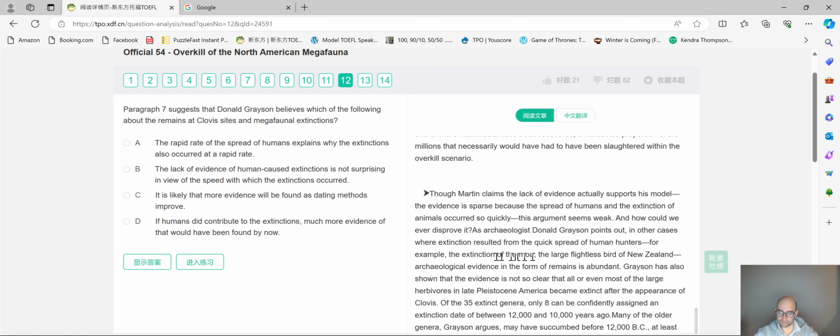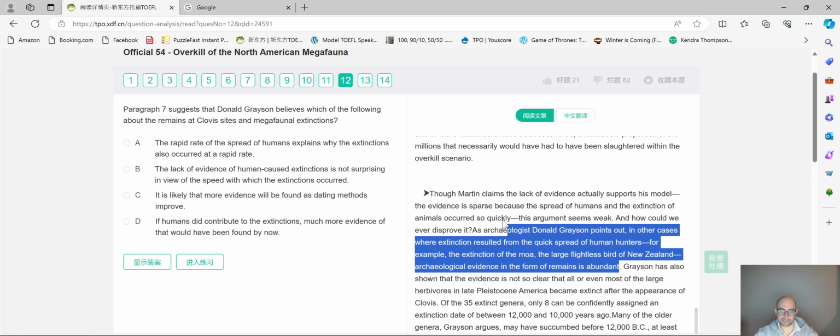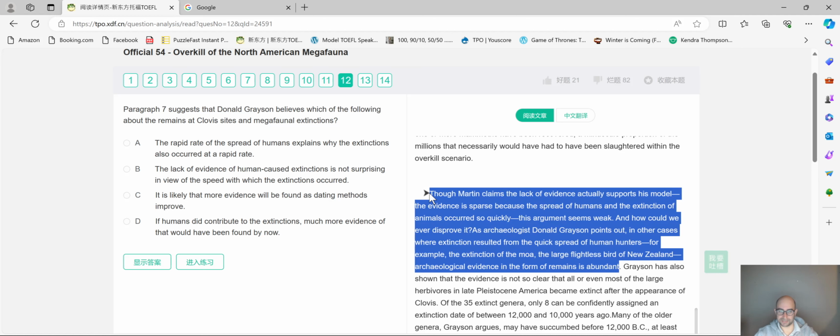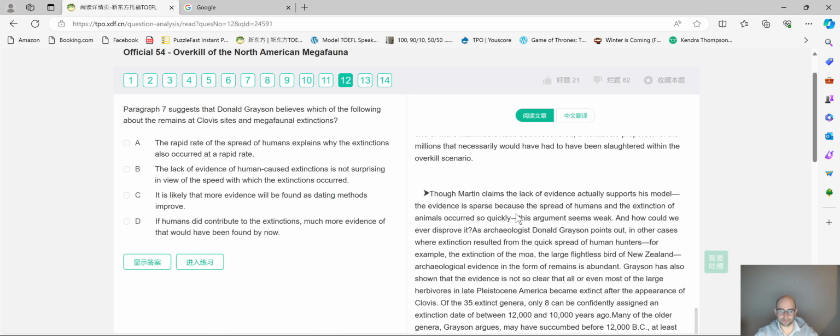So when they discovered this bird at its sites, they realized, oh my gosh, we found tons of fossils, tons of remains of this bird, tons of moa skeletons all over the place. So based on this, I think I already have enough understanding of Grayson's point.